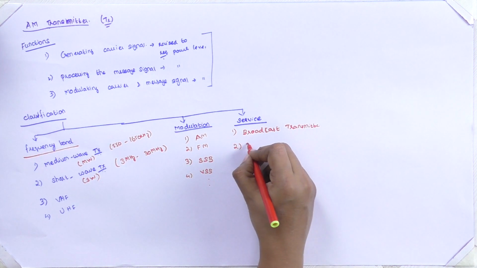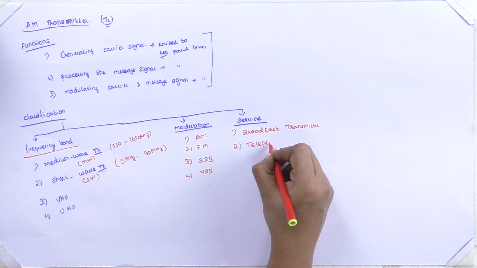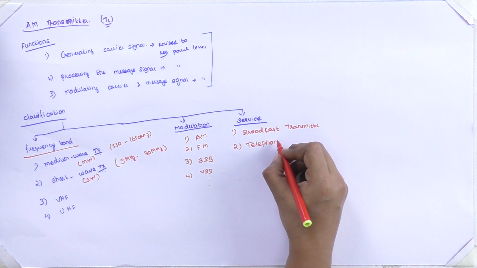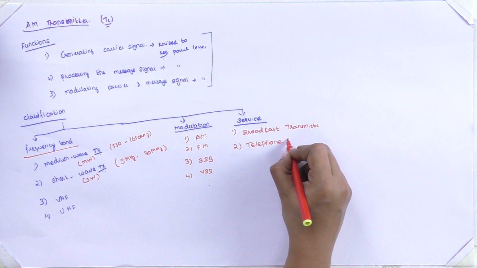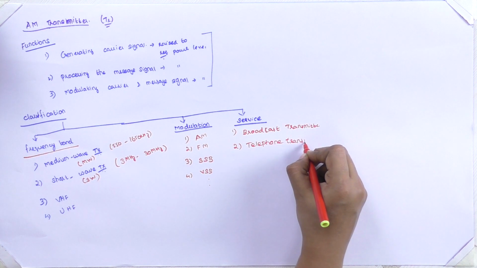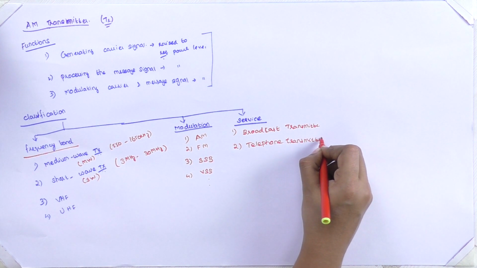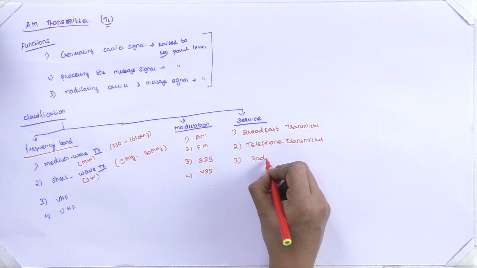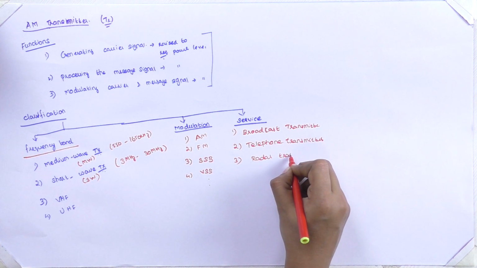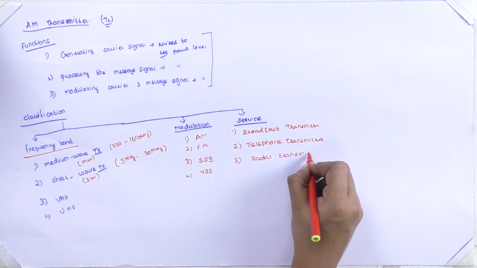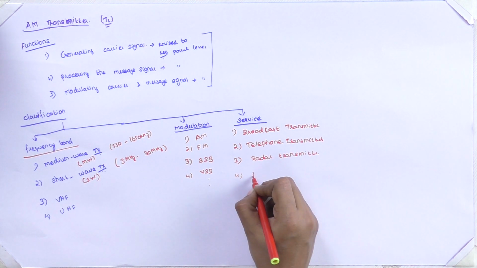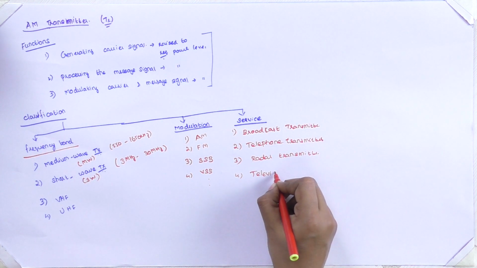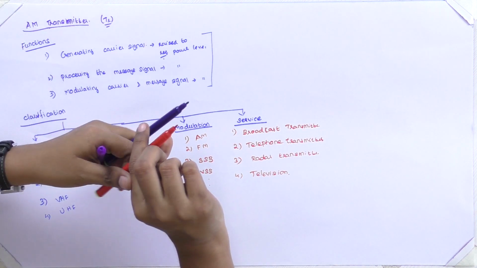Second one is telephone transmitters, for radio telephony or video telephony. The third one is radar transmitter. And the fourth one is television transmitter.